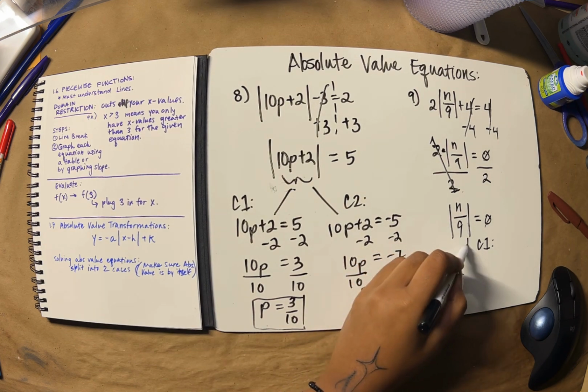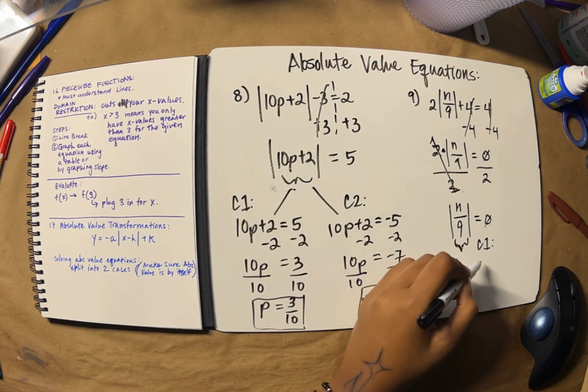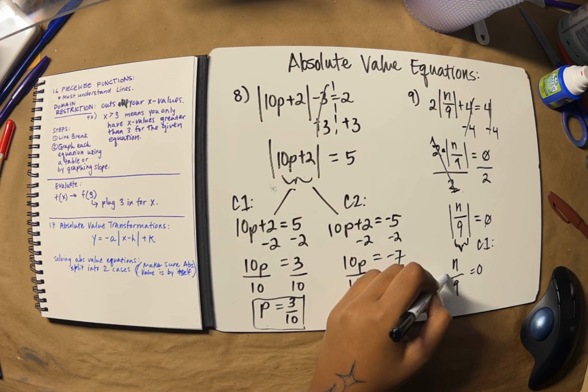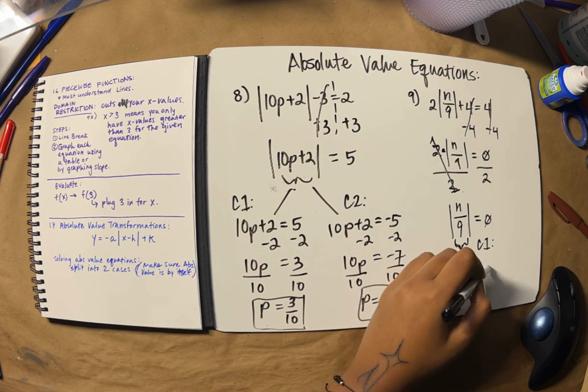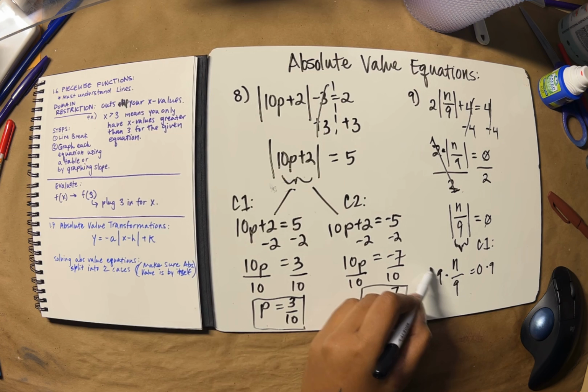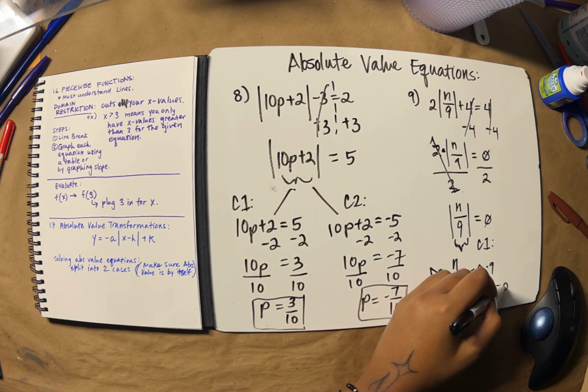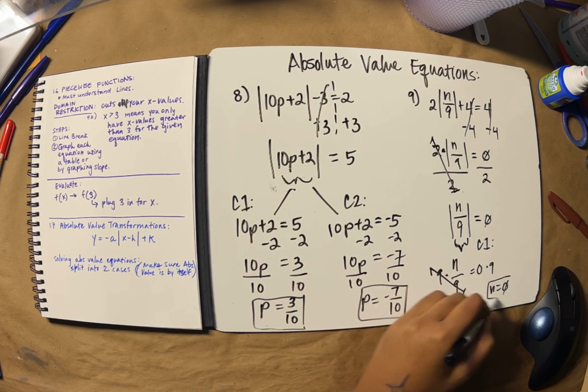Remember, we take the inside of our absolute value. I have n over 9 is equal to 0. I multiply by 9 on both sides. I have a form of 1 over here. And so n is equal to 0, because 0 times 9 is 0.